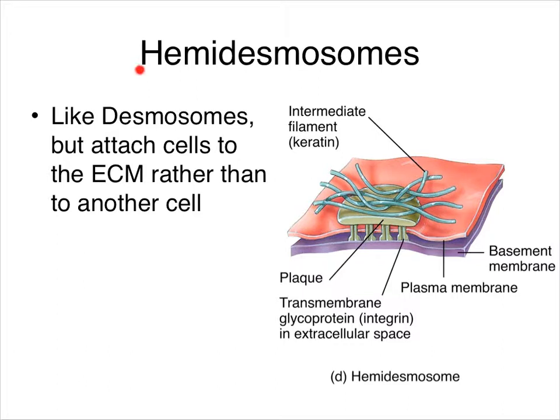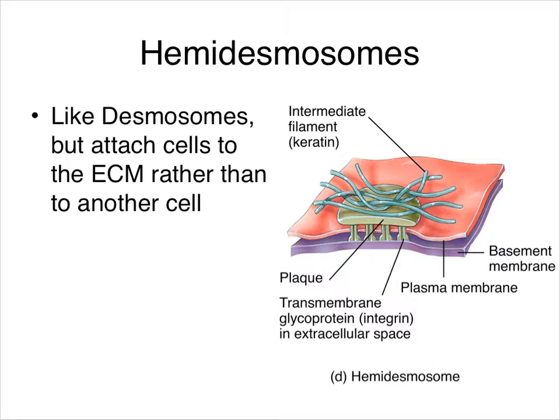Hemidesmosomes. Now, hemi means half or part, and that is in fact what these are. A desmosome is a spot weld or a snap that snaps two cells together. Here, we don't have a snap that's going to snap two cells together.